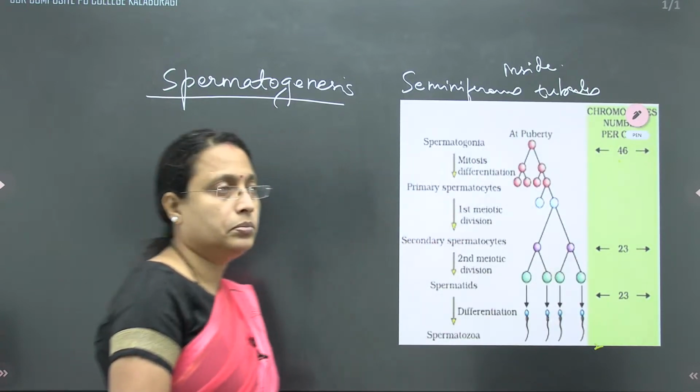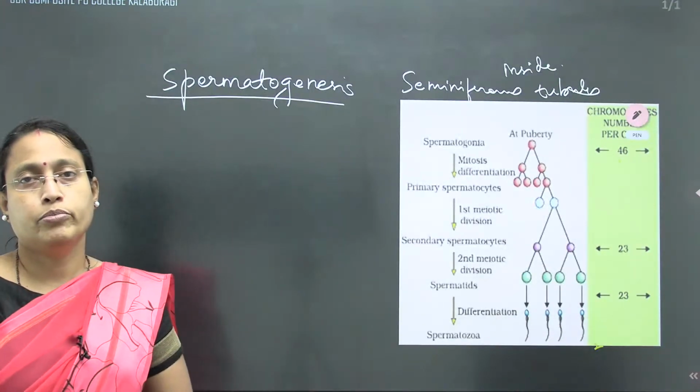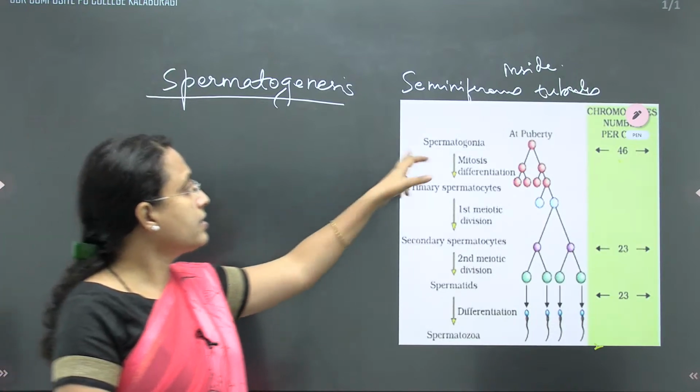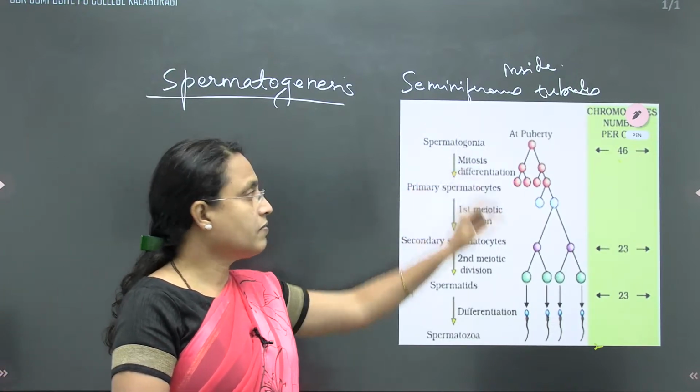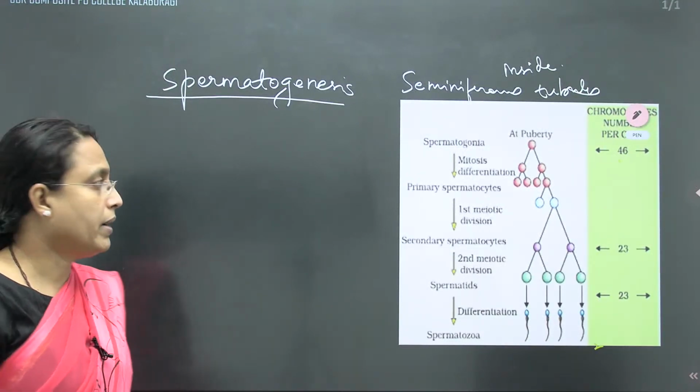This will start from the time of puberty under hormonal influence. Before puberty, the cells remain only as spermatogonia.